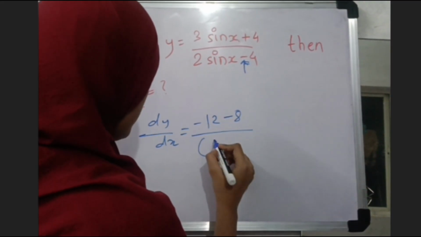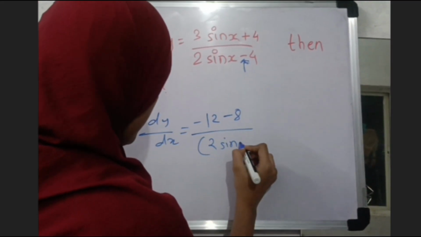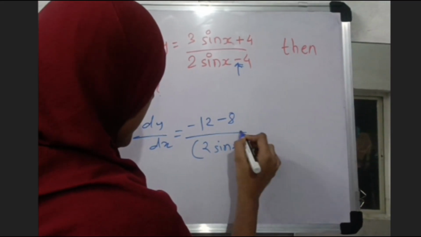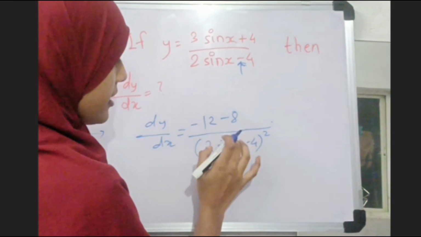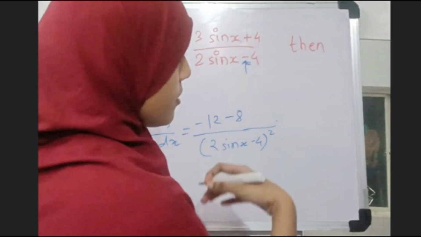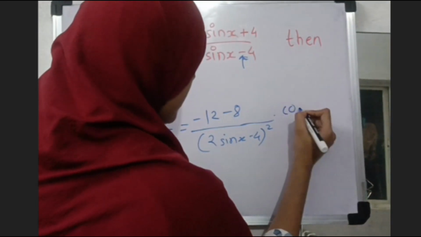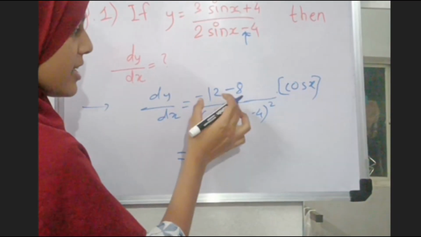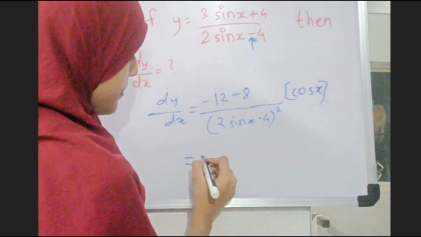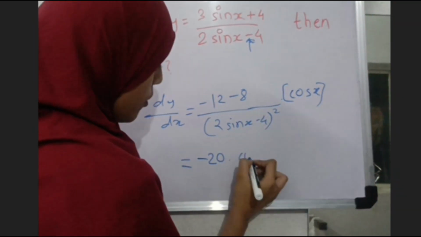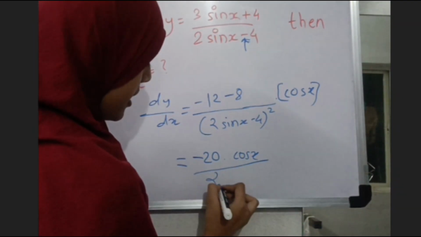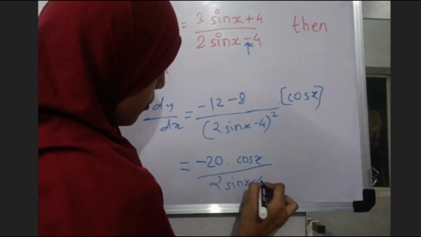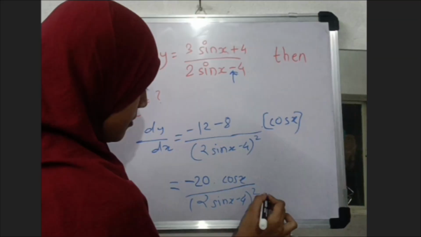And the square of the denominator, that is (2 sin x minus 4) whole square, into the f dash x. Here the function is x, so what will be the derivative of sin x? It will be cos x. So what will be our answer? Minus 12 minus 8 will be minus 20 into cos x divided by (2 sin x minus 4) whole square.